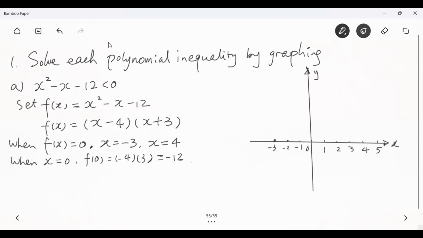Negative 3 here, 4 here, and then negative 12 here. Then we graph. Almost like that.